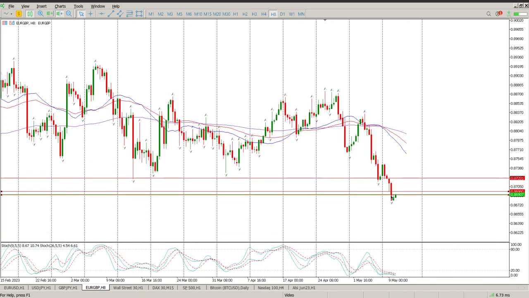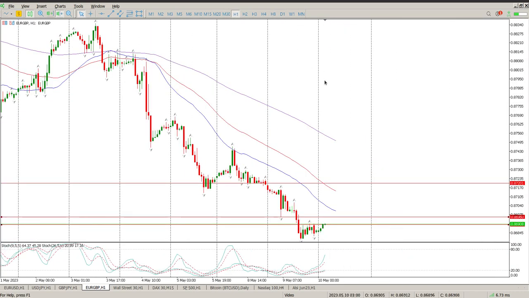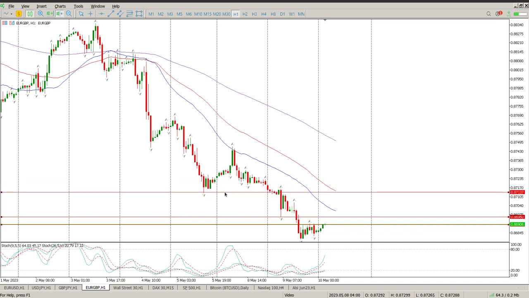There you can see how the target was hit, buyers coming in off that level, and then back up and broke. What we were looking for was a rejection of this area, so that's kind of what did play out.